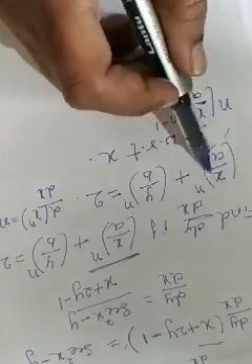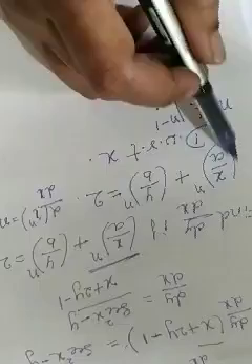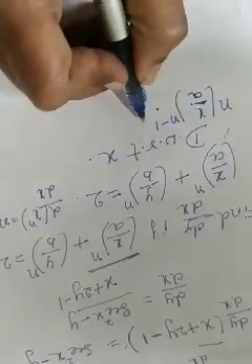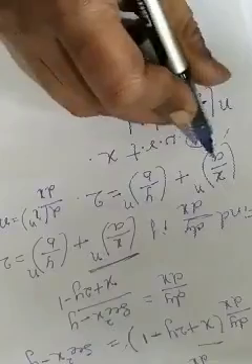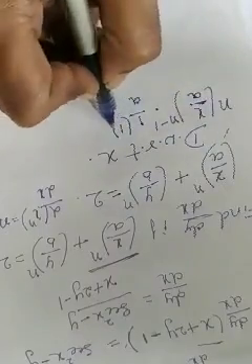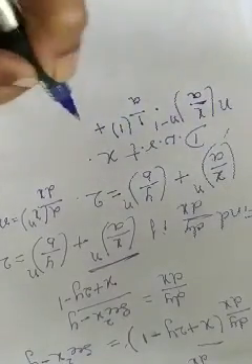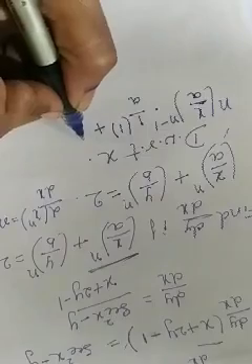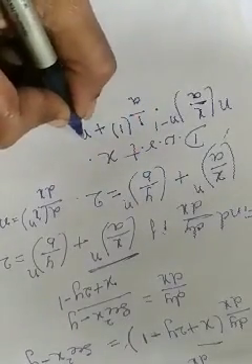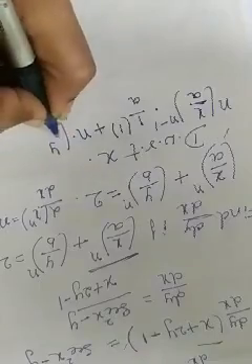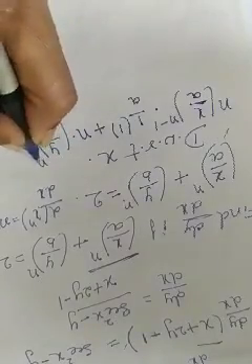We differentiated n, we have to differentiate x by a. What is x by a derivative? 1 by a, keep it like that, x derivative is 1, plus again differentiate y by b whole raised to n. N y by b whole raised to n minus 1.